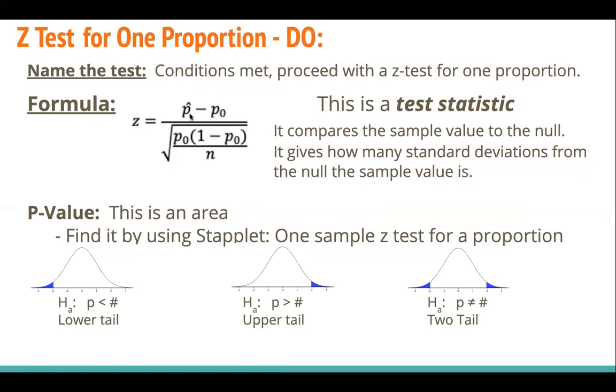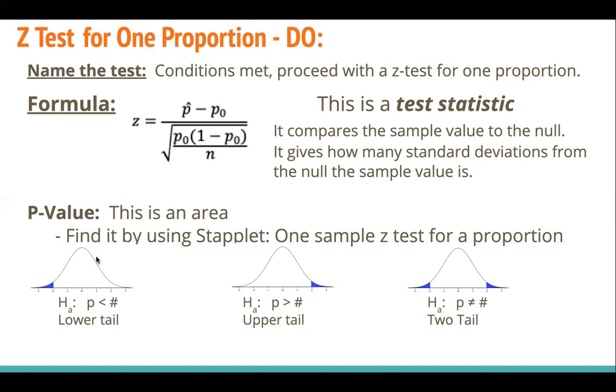I subtract, I calculate the difference. How different are they? And then I divide by the standard deviation, which tells me the number of standard deviations from the null. I need a scale, and the scale I'm always using is that I measure in standard deviations. So this is called the z statistic, or test statistic.